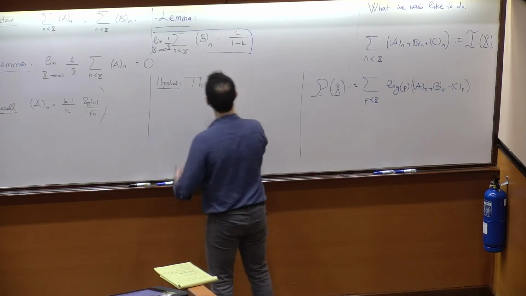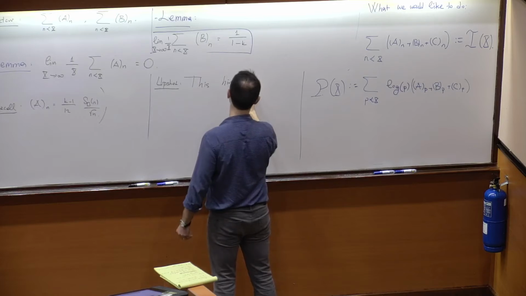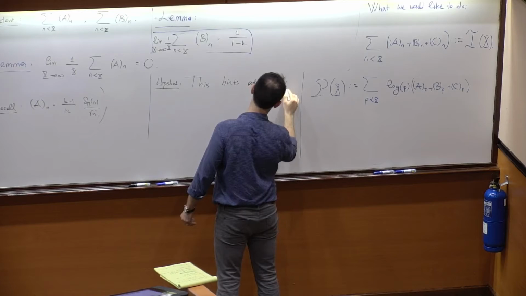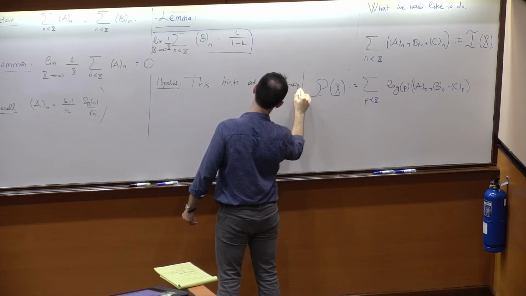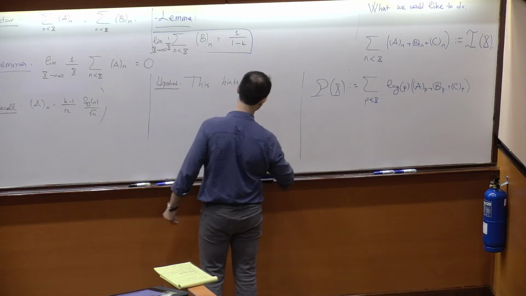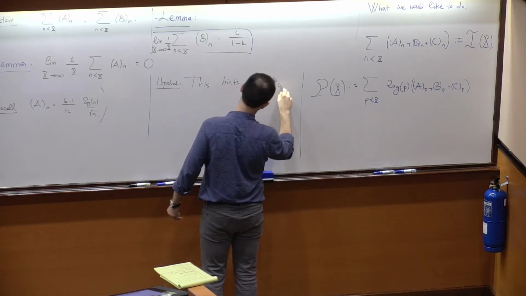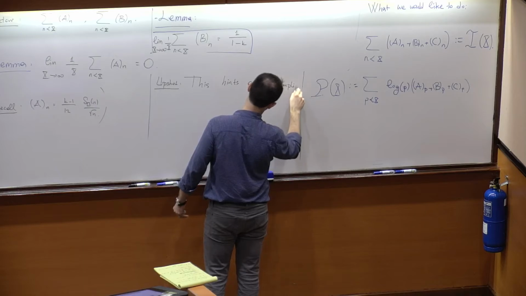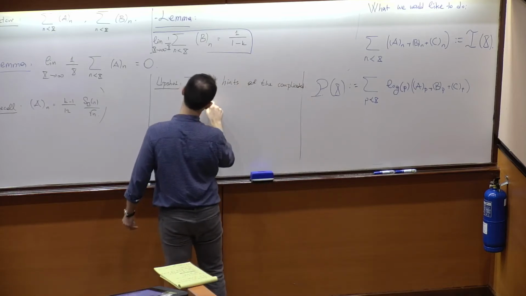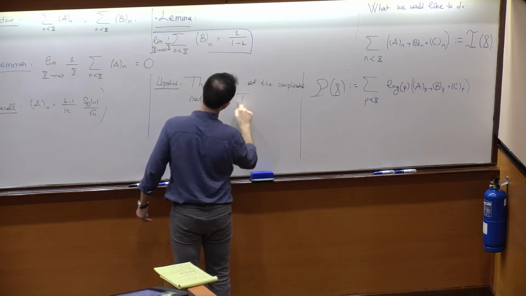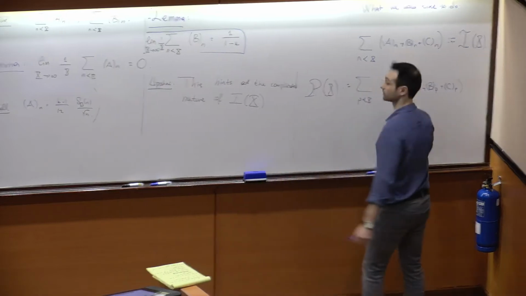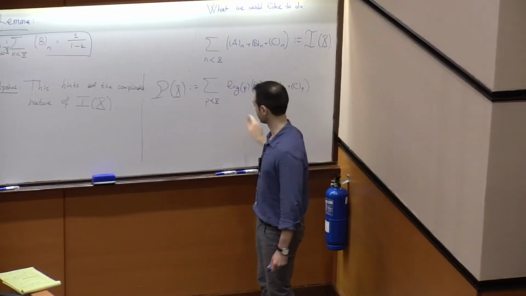So this hints at some certain complication, or the complicated nature, of I_x. Remember, I_x was calculating the residue of the L function as opposed to the order of the pole.